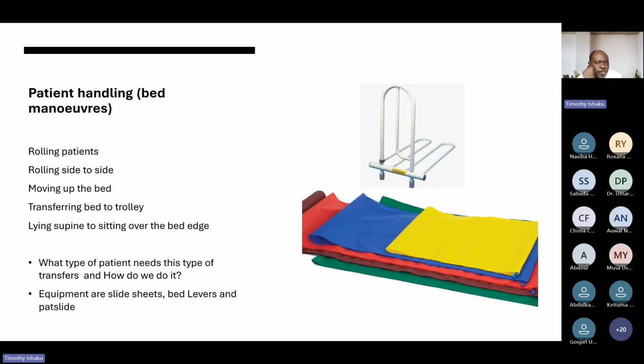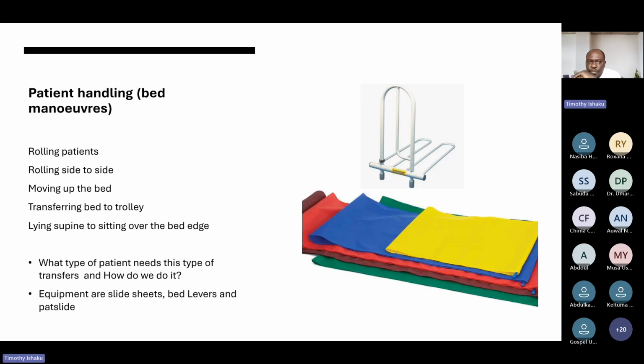Stroke patients vary on a spectrum. You can have stroke patients who are able to walk or even run, or stroke patients who might not be able to walk. So I don't think Abdul is referring to stroke patients who can mobilize themselves.